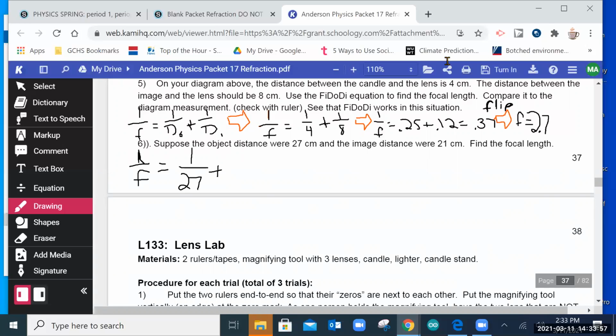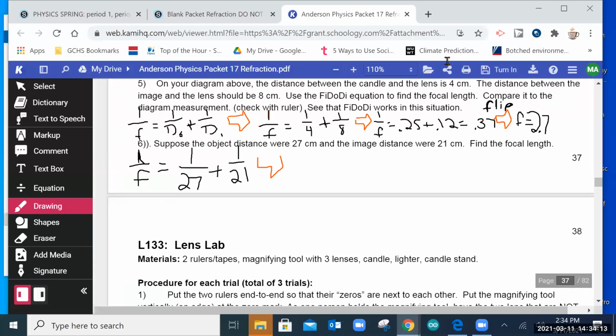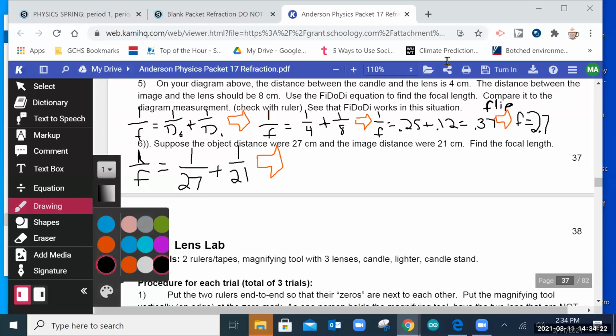And the 21, does that go on the top or the bottom of the fraction, Blake? Bottom. Thank you. Silly question, but just getting participation going a little bit. When I change the 1 over 27 into a decimal, what does it become?